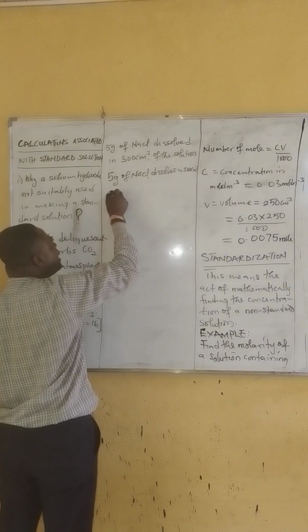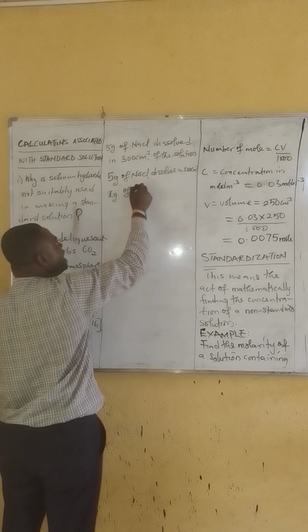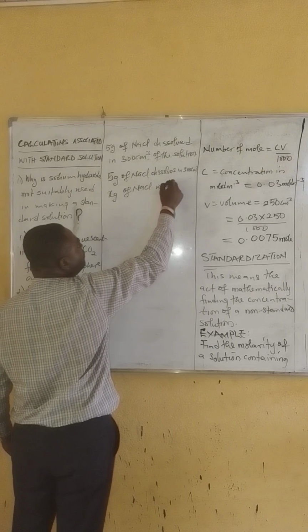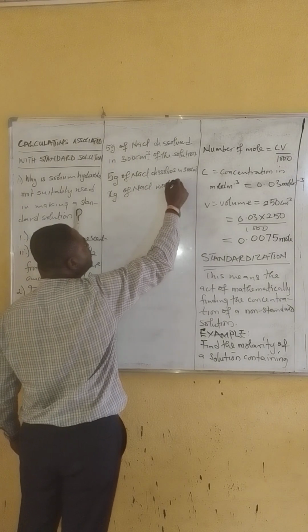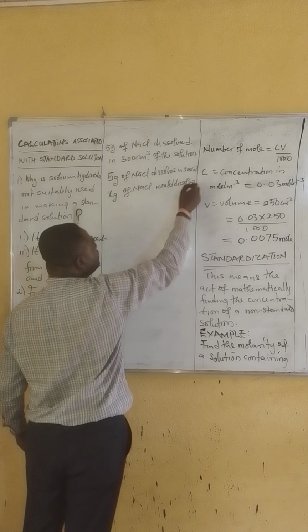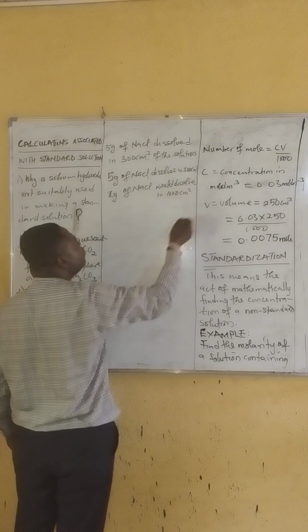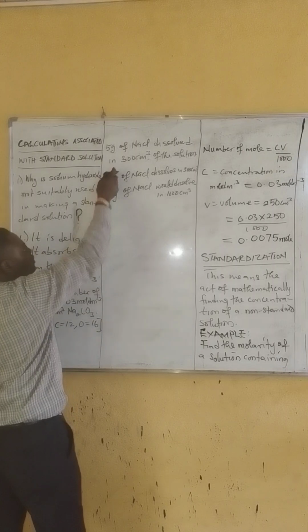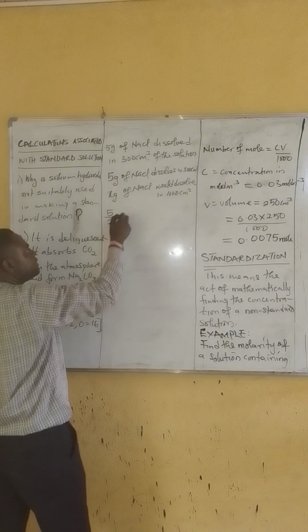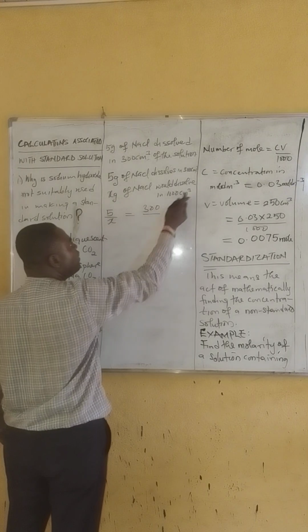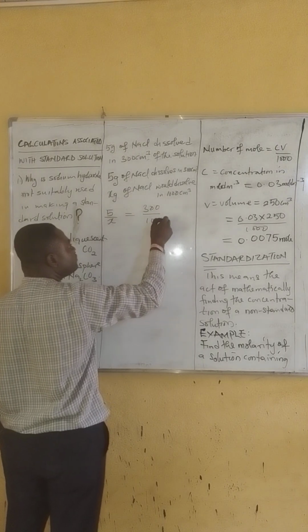Then we are looking for x grams, the mass of NaCl that will dissolve in 1000 cm³ of the solution. Then what do you now do? You now say 5 over x is equal to 300 over 1000.